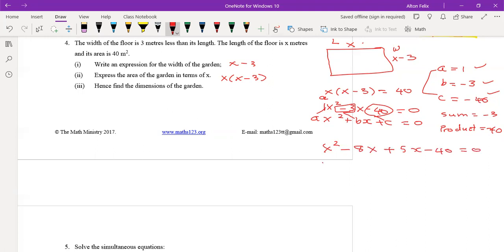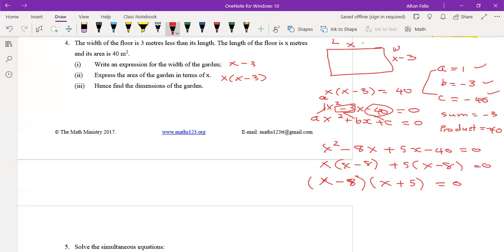So let's solve. x can be factored out here, you'll have x times x minus 8. 5 can come out here, you'll have 5 times x minus 8, equals 0. So when you further factorize, you get x minus 8 by x plus 5, and that will give you 0.